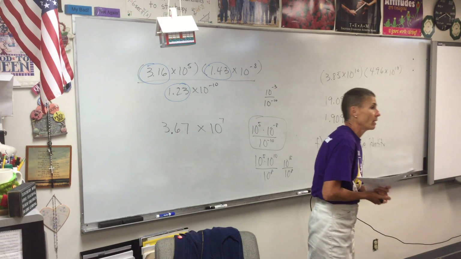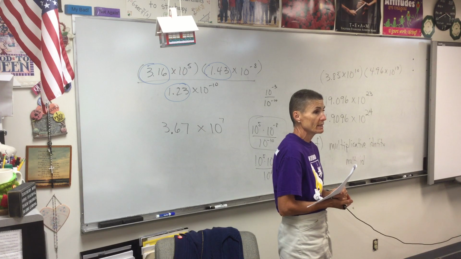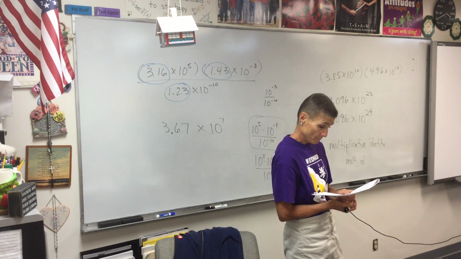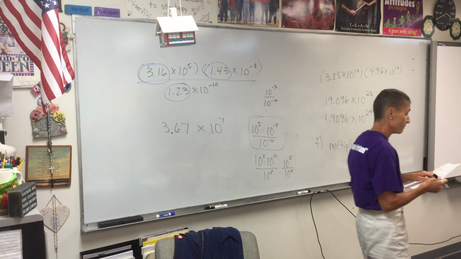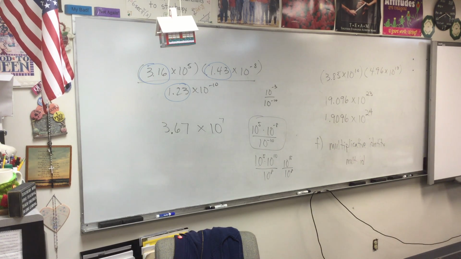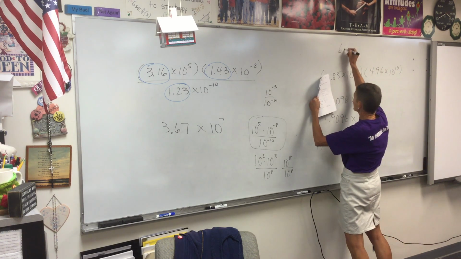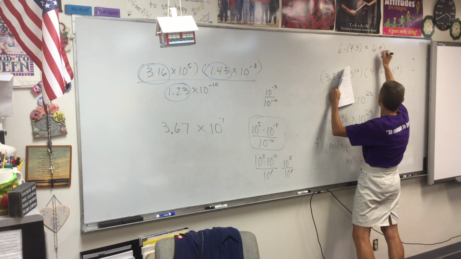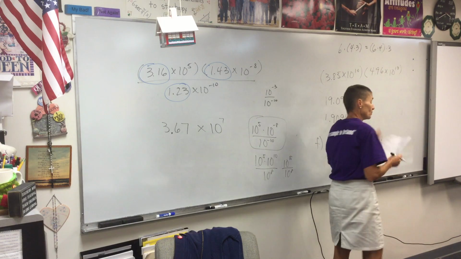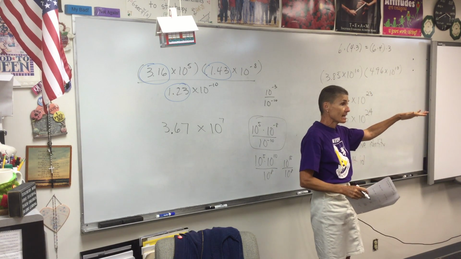Anybody see another one on there you know or want to guess at? Is E the associative? Is E, let me find E, is E associative? What does associative mean? It means you have reassociated, you've regrouped. So we have 6 times 4 times 3 and 6 times 4 times 3. Did we leave everything the same?